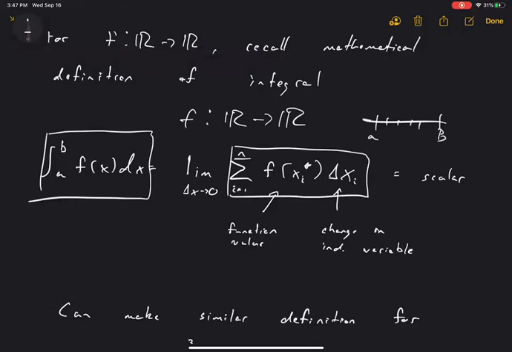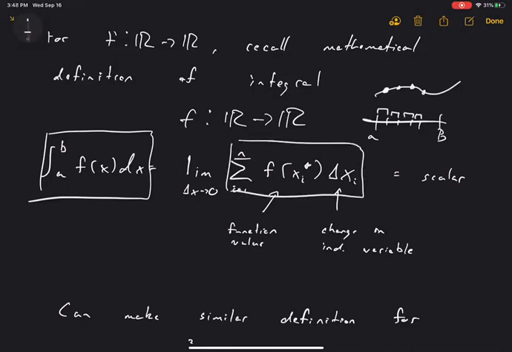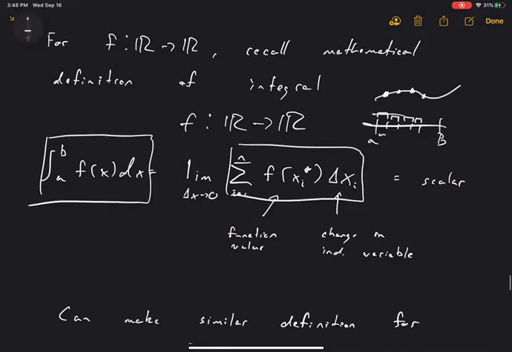I have a function, and I take a functional value in each of these intervals, and I multiply it by that width, and I add those values together. So that's what's going on with this finite sum. And then I take the limit as this gap between values gets smaller and smaller, and I chop this up into more and more pieces.